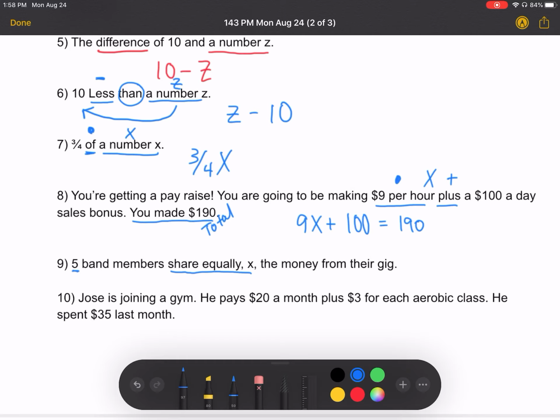I'm sharing it equally, so I'm going to end up dividing that 100 by 10. So here we're going to say x over 5, because we're taking the total amount of money that they have and dividing it by the 5 band members.